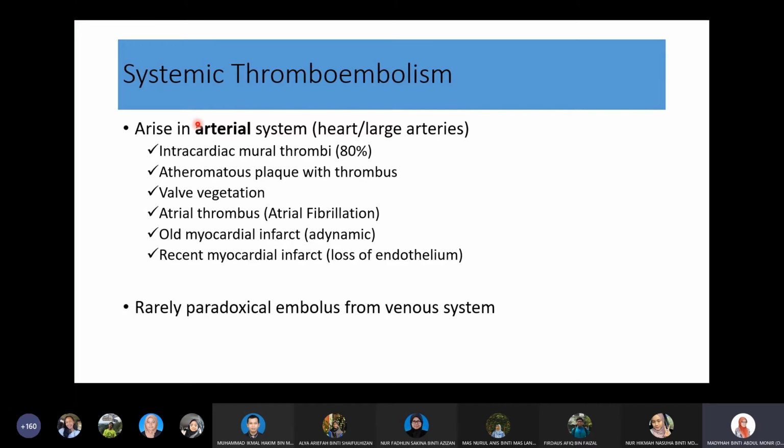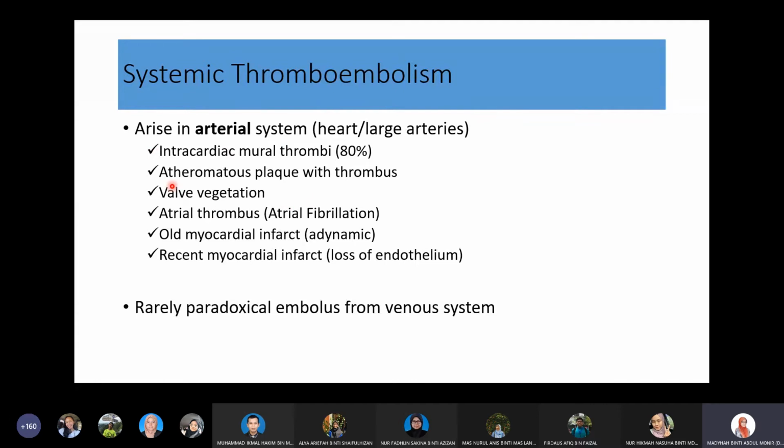Because it arises in the arterial system, whether the heart or the large arteries, and the main cause is intracardiac mural thrombi, which account for 80% of systemic thromboembolism. So this is the main location where systemic thromboembolism arises.